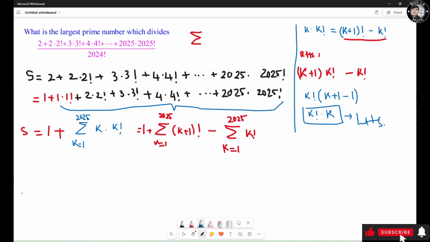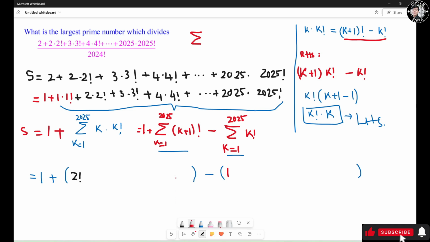Now this turns out to be 1 plus, I'm going to put parentheses here for this sum, and then subtract another parenthesis for this one. We start from k equals 1. We substitute here, and we have 2 factorial. For the second sum, k equals 1 turns out to be 1 factorial, which means 1.